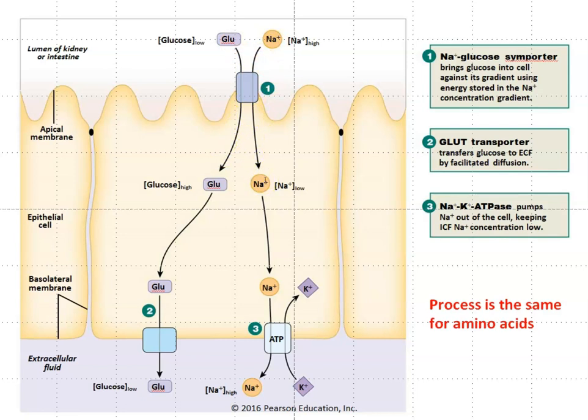Okay, and so I have glucose come in with sodium, and then I can have glucose traveling down its concentration gradient into the extracellular matrix, and then I just maintain the sodium gradient via a sodium ATPase. But look at the arrangement. It allows me to reabsorb glucose and sodium at the same time. Okay, the process is the same for amino acids. Instead of a sodium glucose symport, I have a sodium amino acid symport.